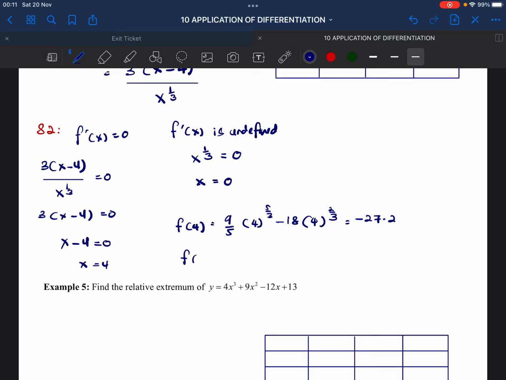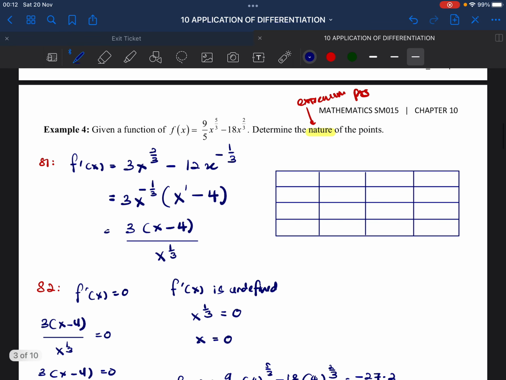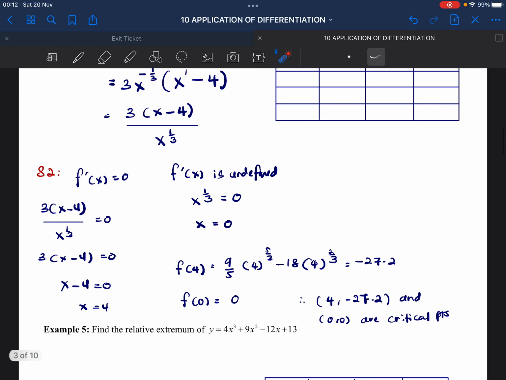Okay, so the other value is 0. This one obviously will get 0. Okay, so we can conclude here first that negative 27.2 and 0, 0 are critical points. But we are not looking for critical points, we want to determine the nature of the points.